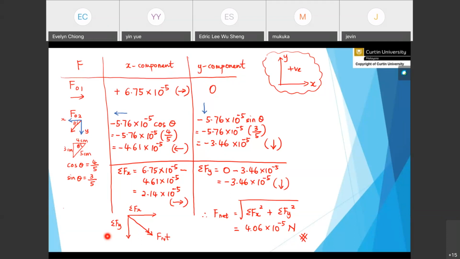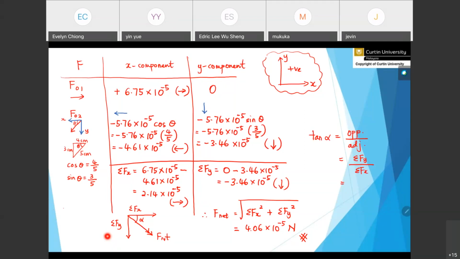So now if we want to determine the direction, let's get this one, alpha, okay? So how do we get this one? You have the x and you have the y, right? We can get tangent. Remember what is tangent? Tangent is the opposite divided by the adjacent. Tangent alpha equals opposite divided by adjacent. So the one that is opposite is Fy and adjacent is Fx.